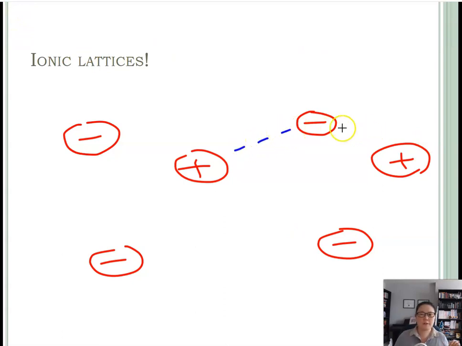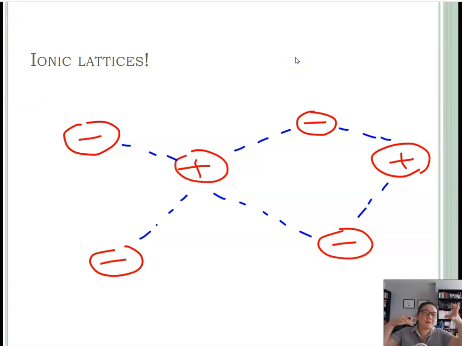And so if I express this attraction with the dotted lines, you can see that anything that is oppositely charged with each other is going to become attracted. And the more you have, the more that are going to join this clump of ions. This clump of ions is not going to be just clumping in any shape or size. It has a very, very regular shape.